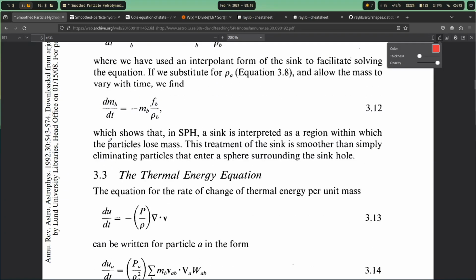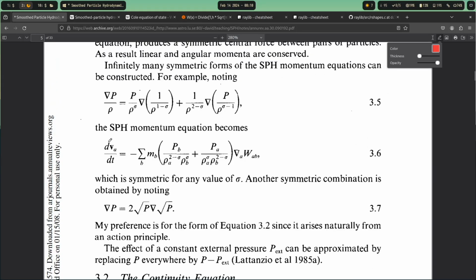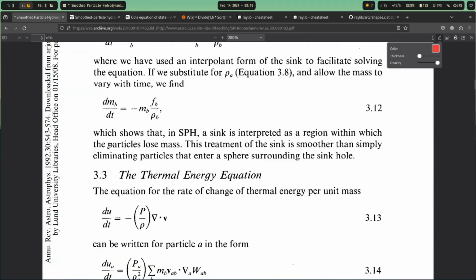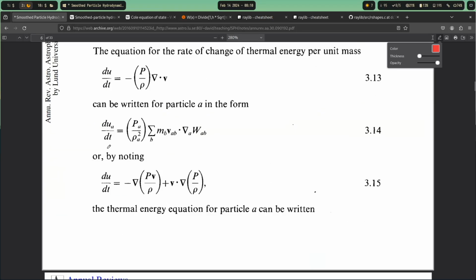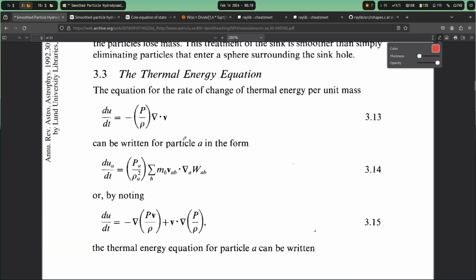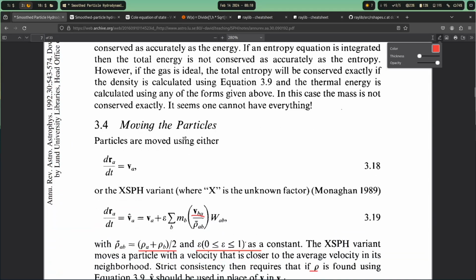I'm not sure where it says how to modify the speed. I mean, it's pretty obvious, but yeah, is it like this? I mean, thermal energy sounds like something that causes speed, but whatever.